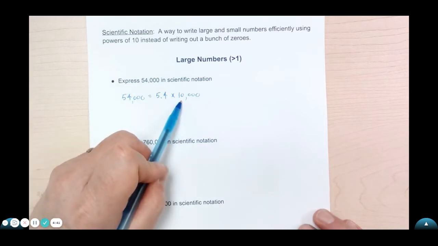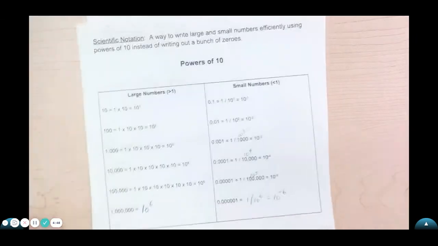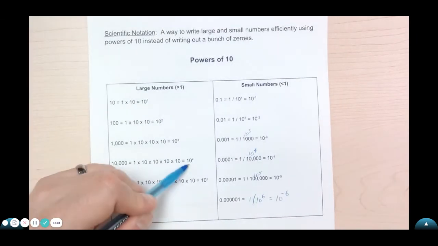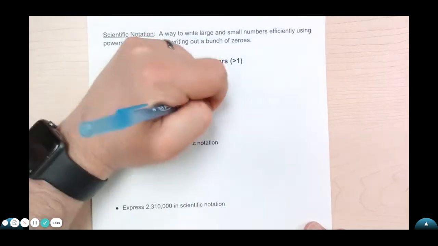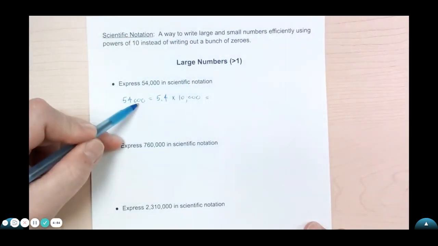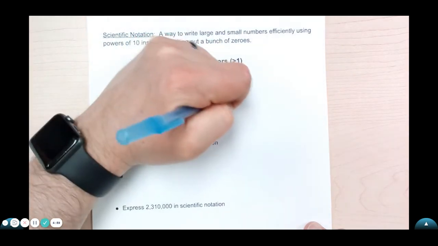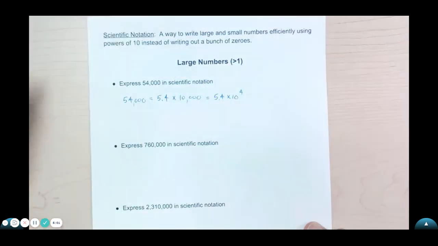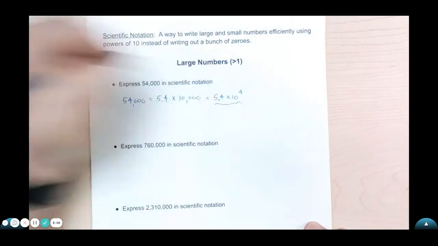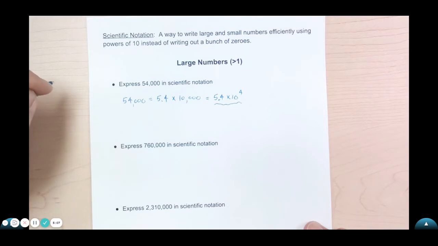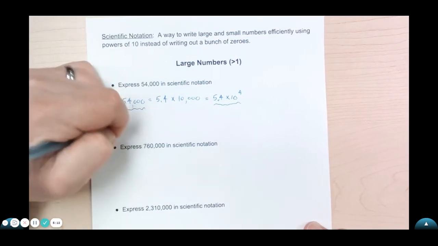Well, if you think back, we have a way to write 10,000. Shorthand is 10 to the fourth power. So a way to write 54,000 is 5.4 times 10 to the fourth power. This is called scientific notation. This is called ordinary notation.